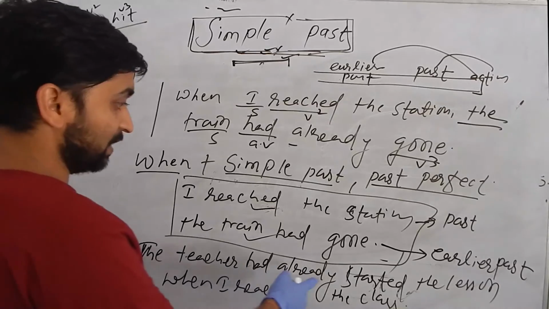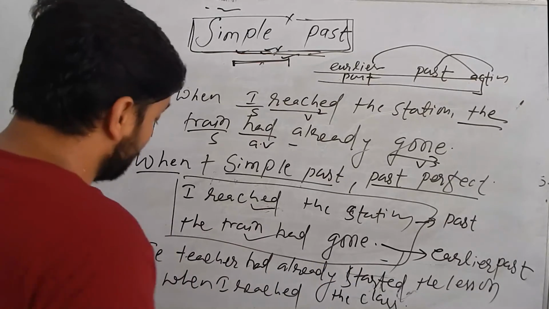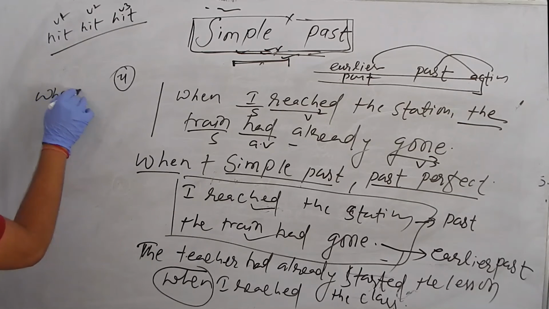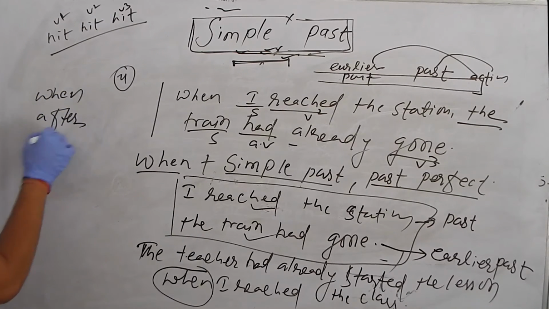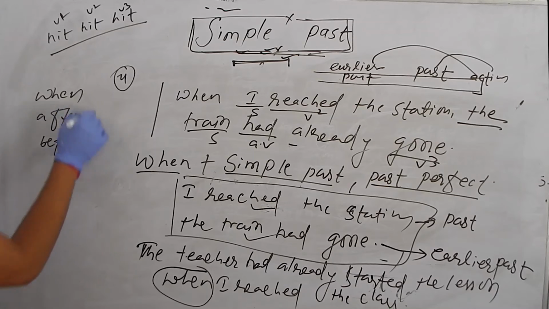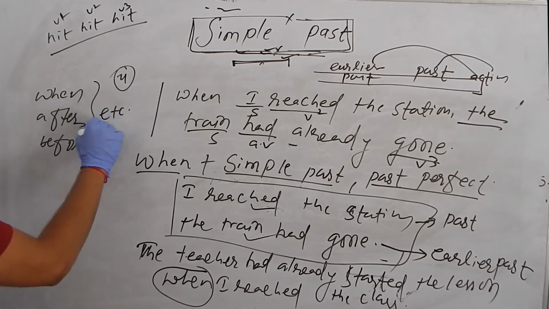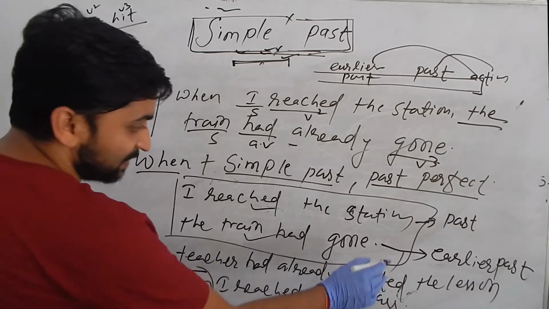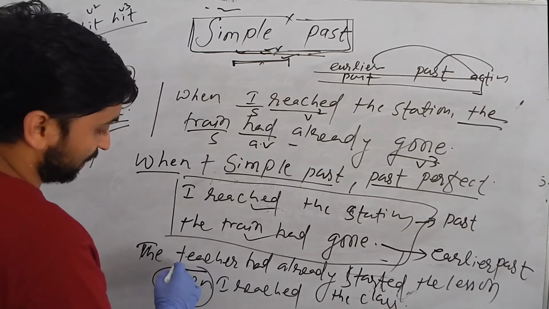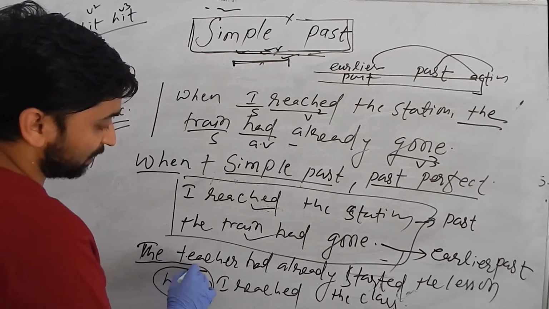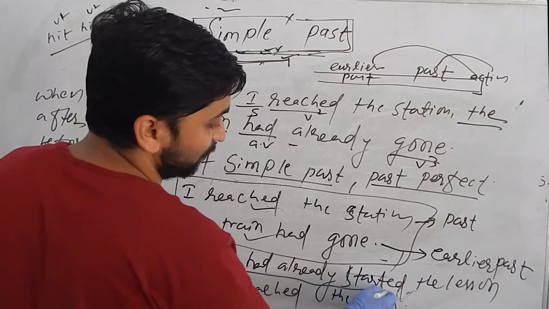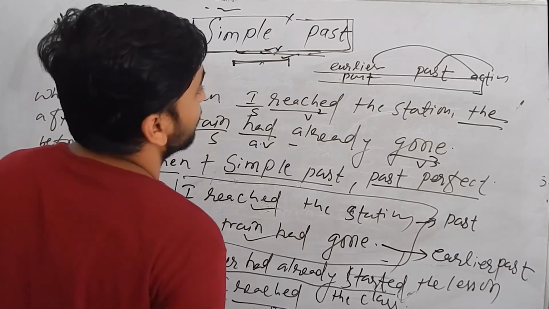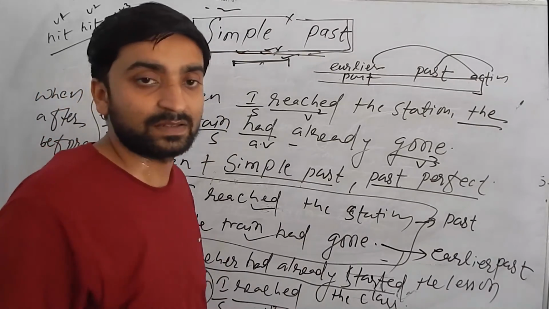The teacher had already started, connected with when. You can even use when, after, before, etc. here. This is also used. Okay. And what happened? The teacher had already started the lesson when I reached. So here you can say which action happened first? The teacher had already started teaching. This is the past perfect, and this is the simple past. So these are the uses of simple past tense.